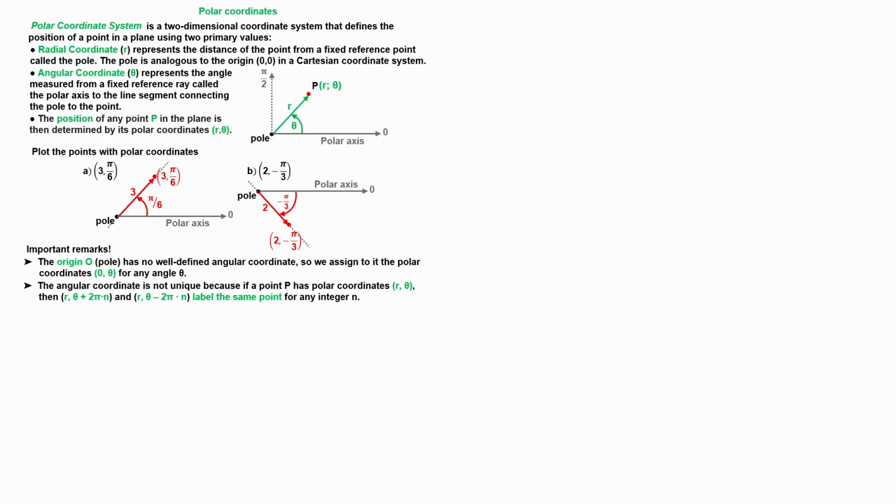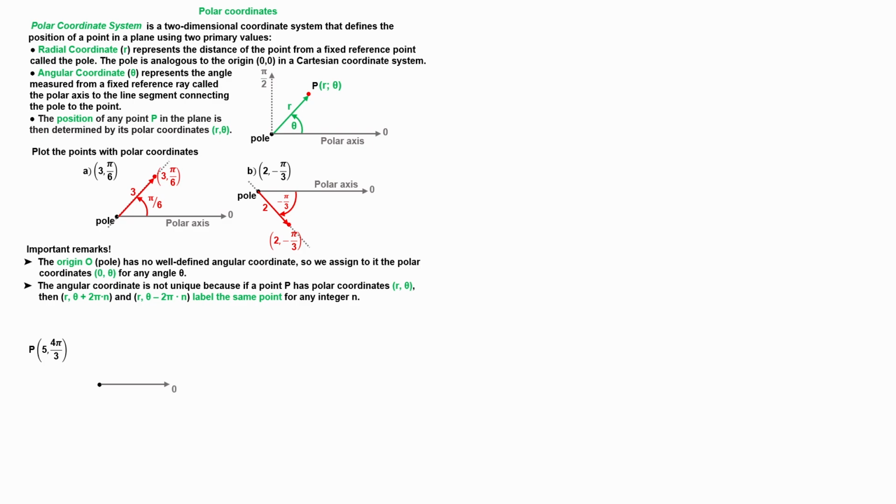As defined above, the radial coordinate r of a point P is non-negative, since it represents the distance from P to the pole. But there are occasions when we wish to allow r to be negative. Look at the examples. Plot the point P with radial coordinate of 5 units and angular coordinate of 4 pi over 3 radians.